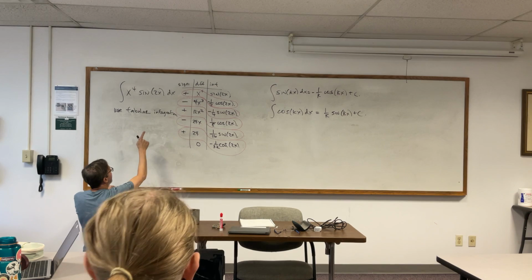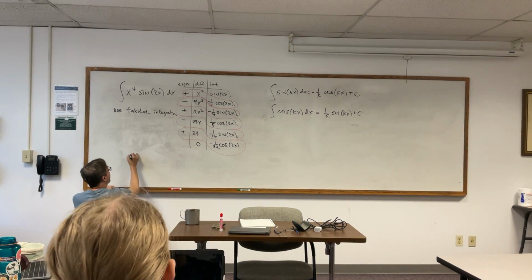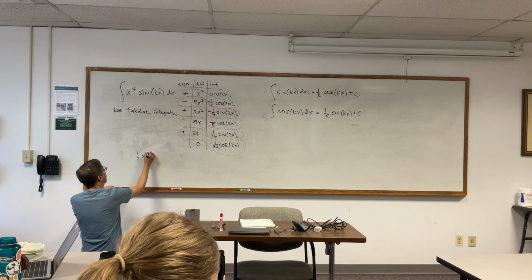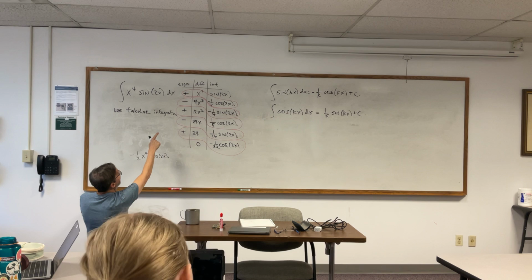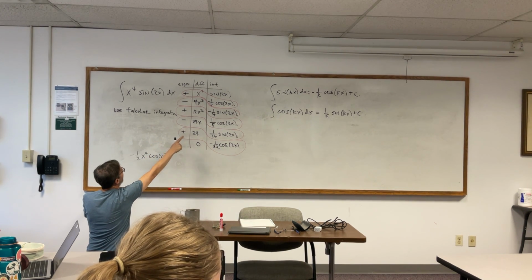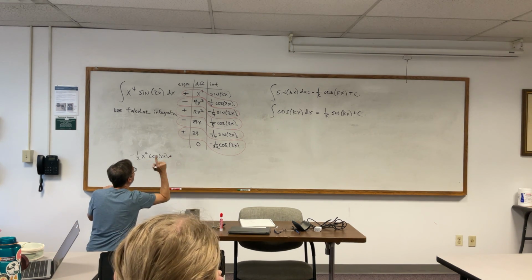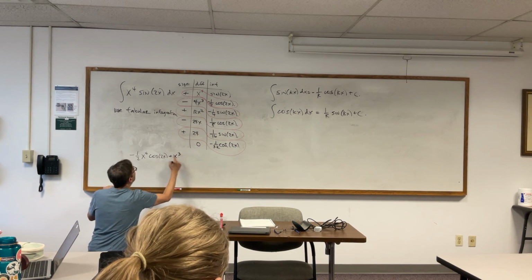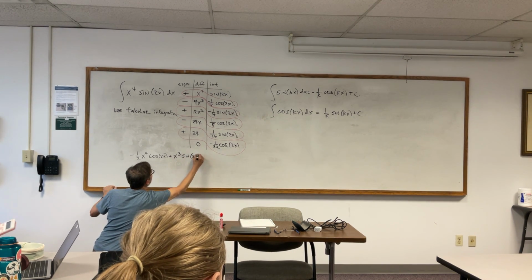So my first term is plus x to the 4th times negative 1/2 cos 2x. So that's negative 1/2 x to the 4th cos 2x. And then I've got minus 4x cubed times negative 1/4 sine of 2x. And so that's plus positive 1 x cubed sine of 2x.